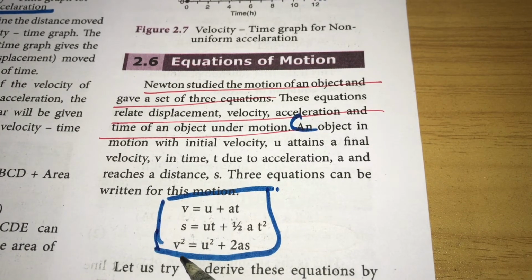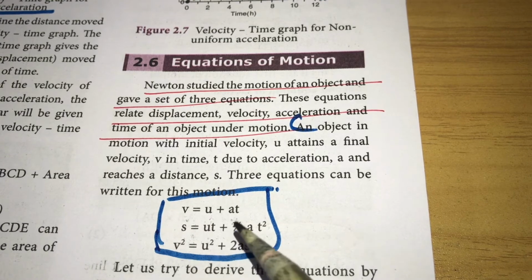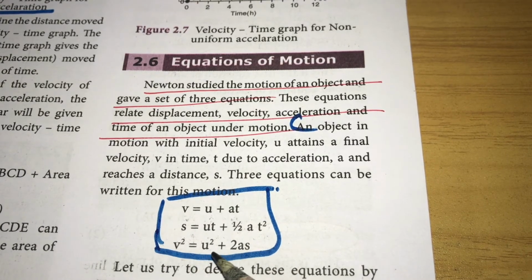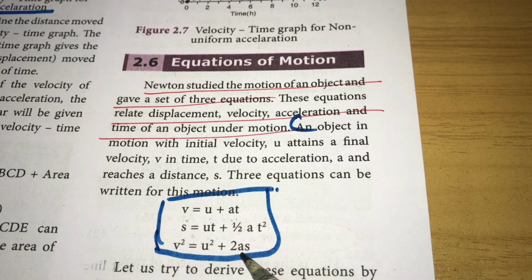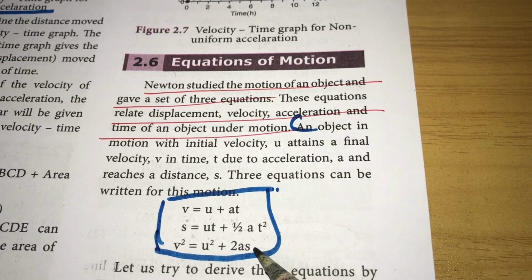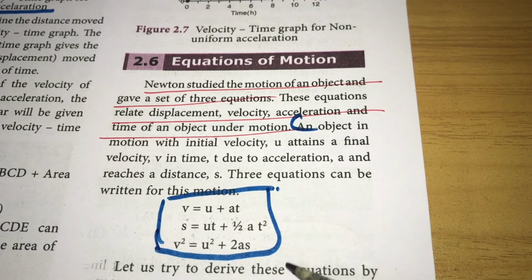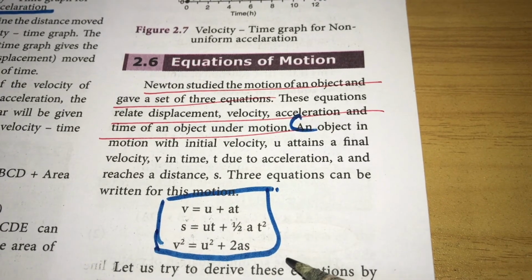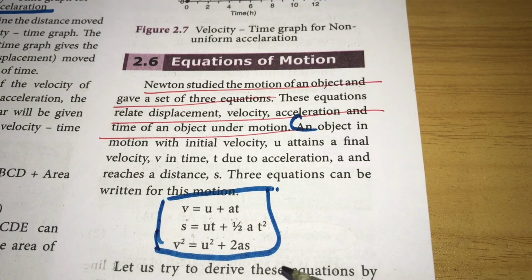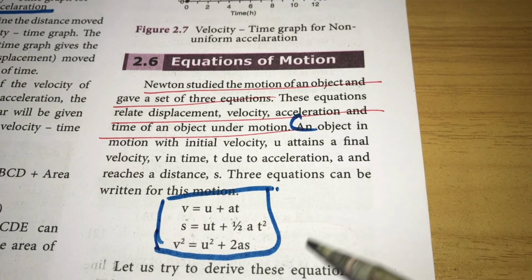Here the square of the final velocity value is equal to the square of the initial velocity plus 2 into acceleration and the covered distance. So these are called the equations of motion. How to calculate the initial value, final value and the covered distance with the measured quantities.